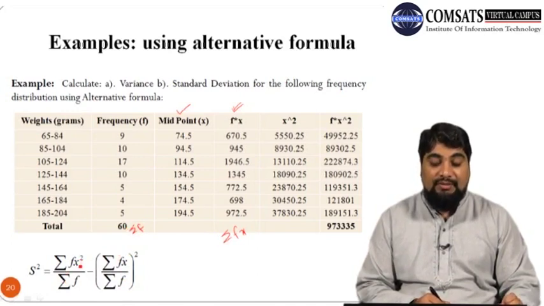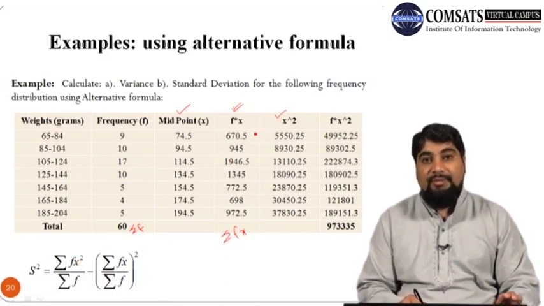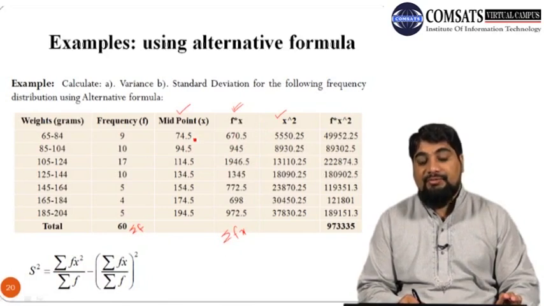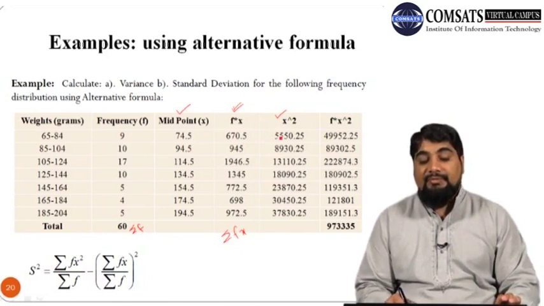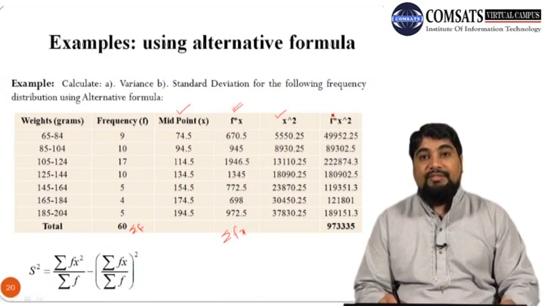One is x square, and then we have to multiply this frequency with the square of x. So construct a new column, x square, which is the square of the midpoint. So 74.5 square we get 550.25 and so on, and then multiply this frequency with x square to get f times x square.